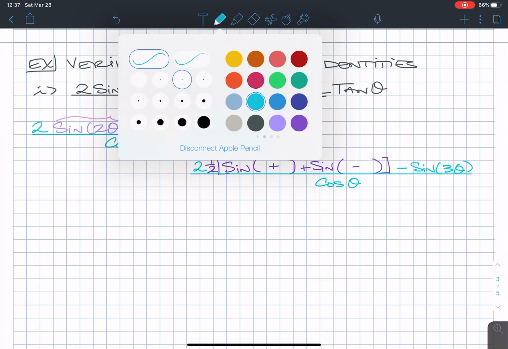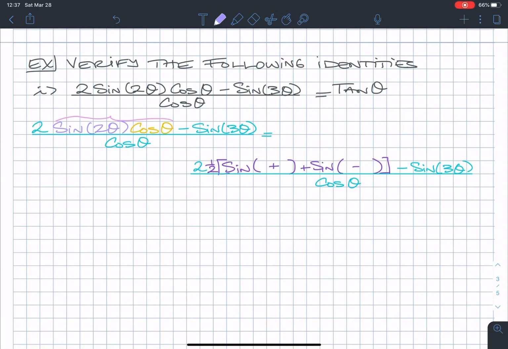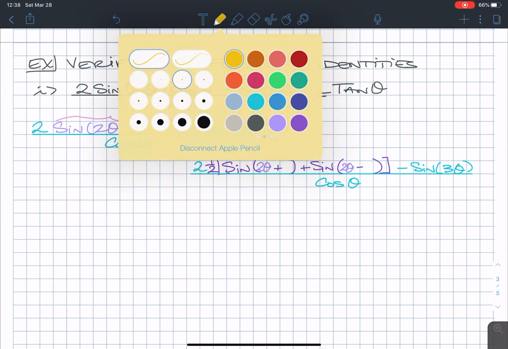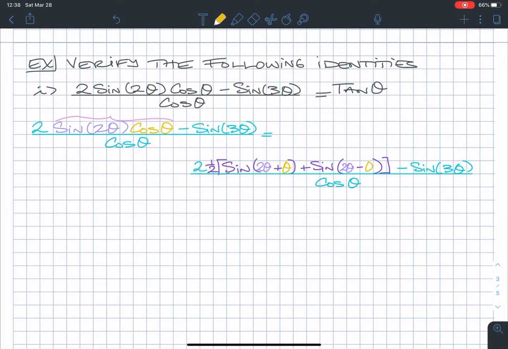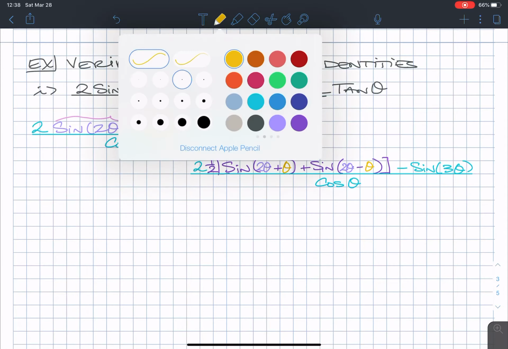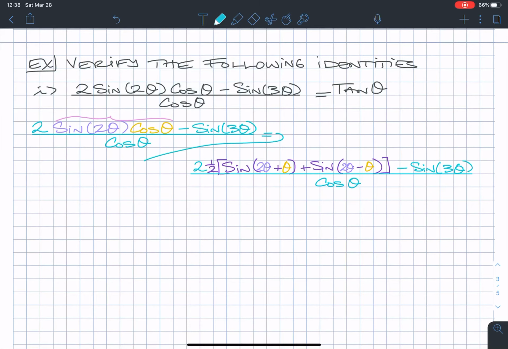Okay, so what was the first angle? Alpha. It was 2 theta, from which I'm adding and subtracting theta. So what do we get?